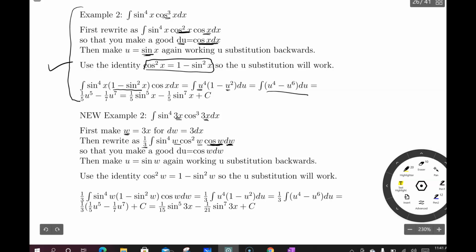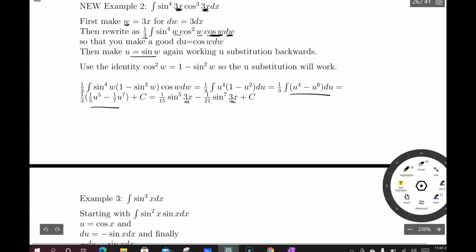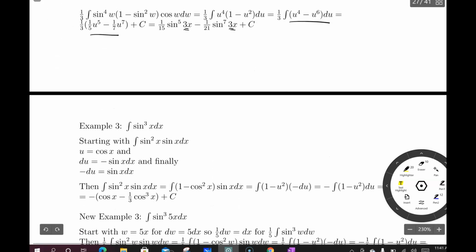You can see the u substitution stays the same, the antiderivative stays the same, and when I finally plug the u back in, which is sine of W, I put the W in at the end. So it's your job to notice, oh, there are glitchy angles. It might be a good idea to do a W substitution initially.